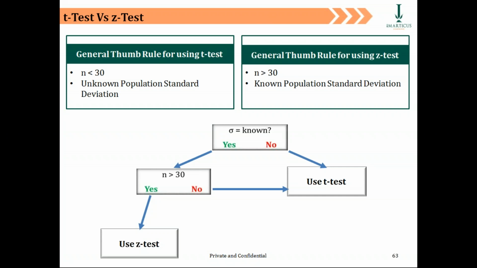So remember I explained that if your sample size is less than 30 and the population standard deviation is not known, we go for the t-test.